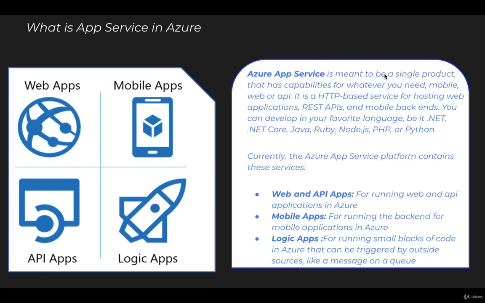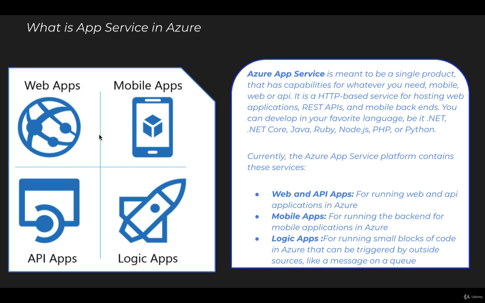Like mentioned, it is meant to be a single product that has capabilities for whatever you need. It could be your mobile app, your web app, or API apps, and it is an HTTP based service for hosting web applications, REST APIs, or mobile backends.